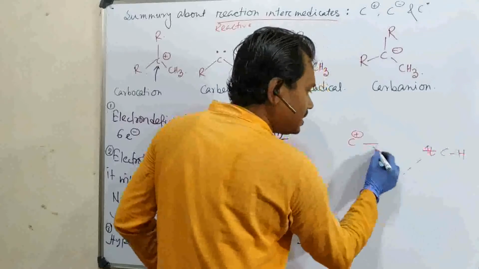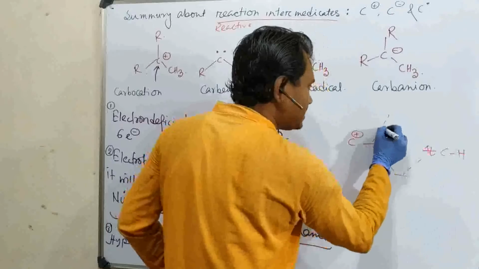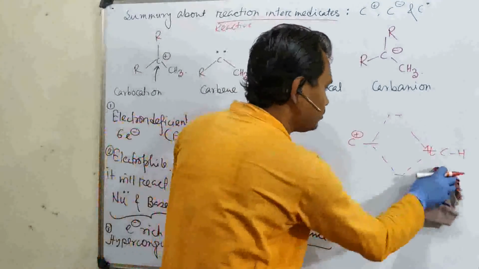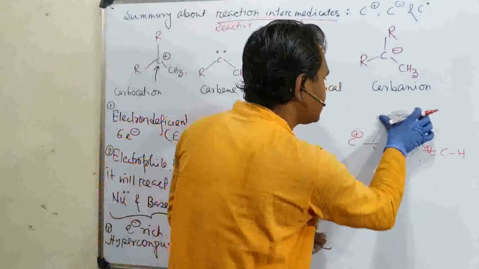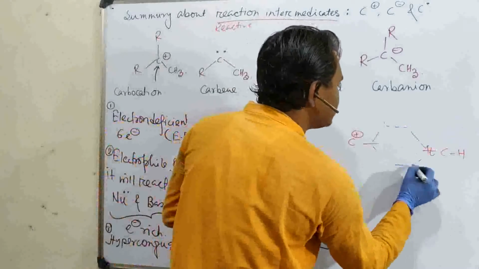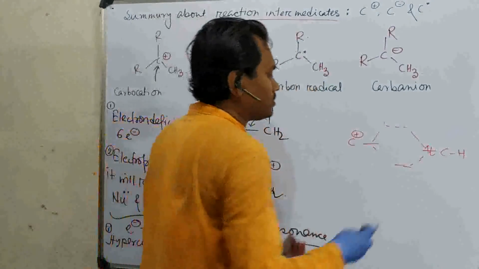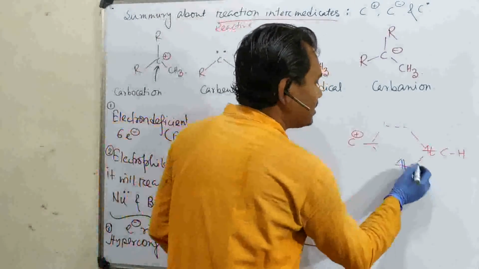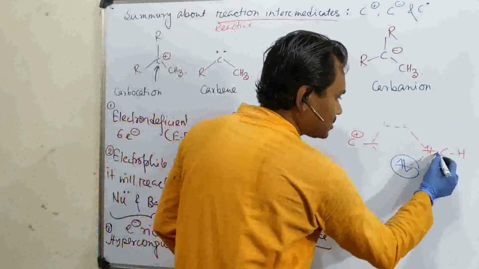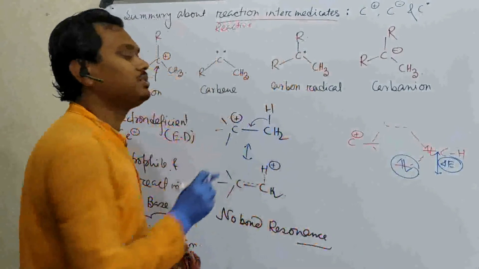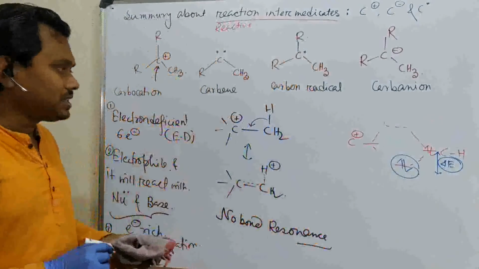Okay, so if they combine, actually I am saying it's an overlap, means a delocalization. So what happens? It will not be that much stable, but I should not show that much. So what happens is that 2 electrons come here. Now see, there is some stabilization, delta E, and this is the stabilization arising because of hyperconjugation. Okay, so this is the overall description.